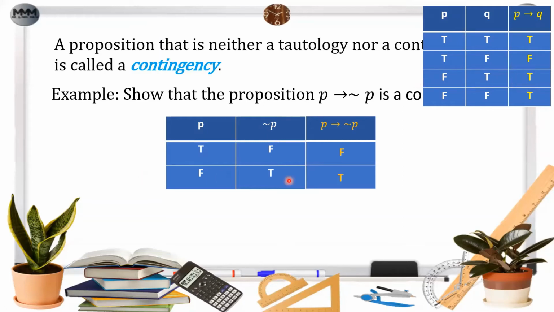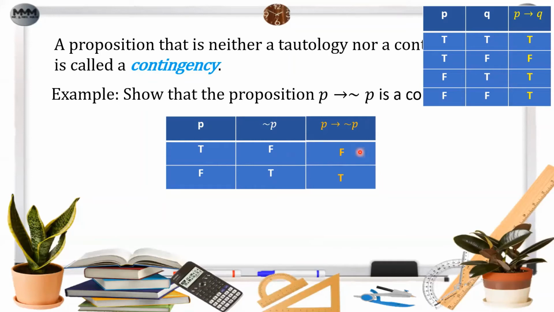Or again, as I have said a while ago, if we have no table for our basis, the only false case in a conditional compound proposition is when the hypothesis is true and the conclusion is false.